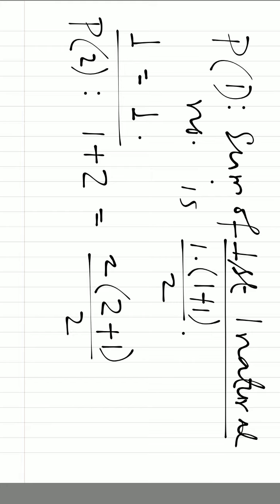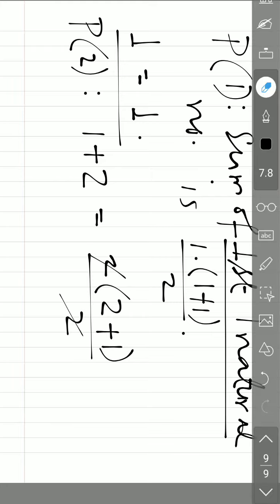Now you can easily see that if this 2 is being cancelled out, then it is the same thing. So again we are having that P2 is also true. So this is the meaning of the mathematical statement to be true at some point.